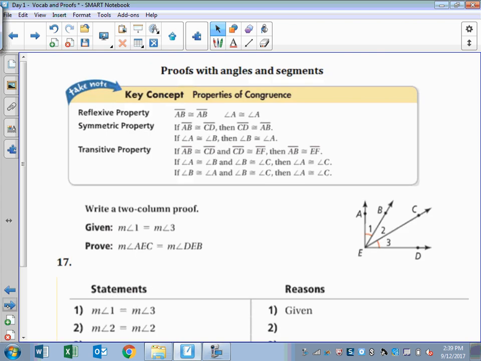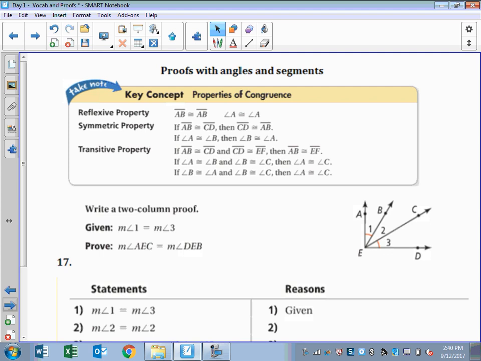So if you turn your page, we have 3 more key concepts. Reflexive property. That's just saying an object is equal to, or congruent to, itself. So AB is congruent to itself, or angle A is congruent to itself. Symmetric property. If AB is congruent to CD, then CD is congruent to AB, so you can write it the same forward and backwards.